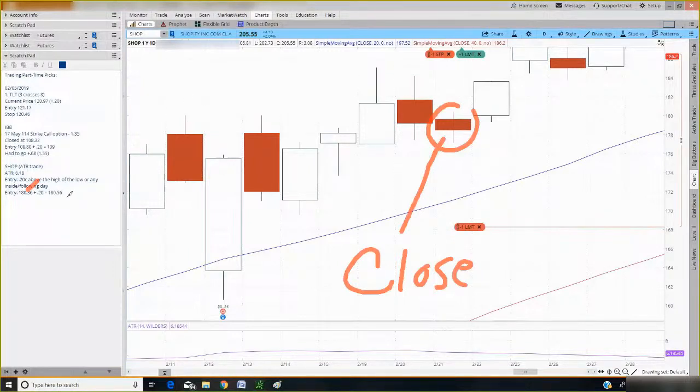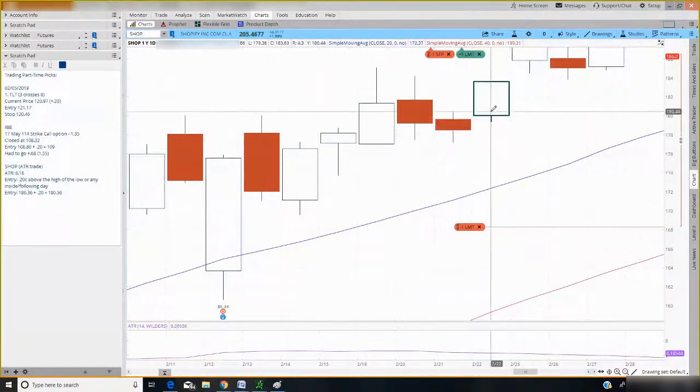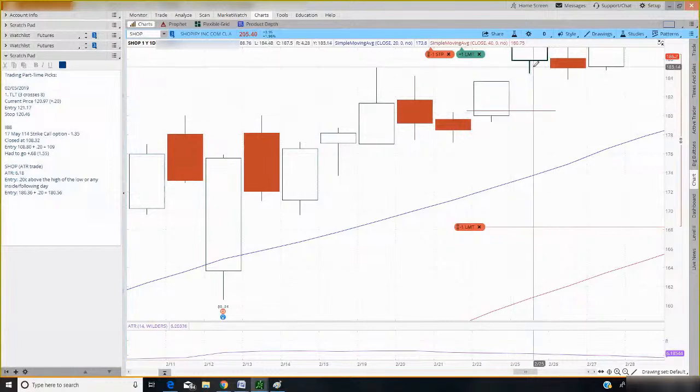So I'm so glad we had that discussion, because this is going to apply the same way. If it opens up above your price, you're going to do exactly what we just did 30 minutes before. But here you go. You get your entry. So my entry is 180.56. So I would have got triggered into this trade about right here. And boy, would I have made a lot of money.